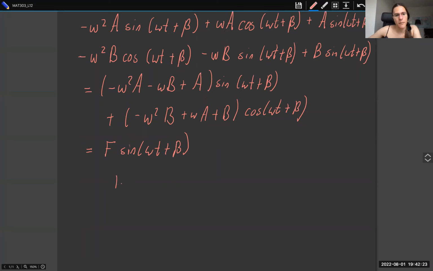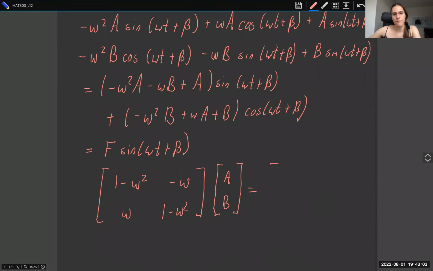So 1 minus omega squared, then minus omega, then for the A coefficient it's going to be omega, and then 1 minus omega squared, times A B. That should equal, so on the first one, where I have 1 minus omega squared A minus omega B, that should equal F. And this should equal 0, right?